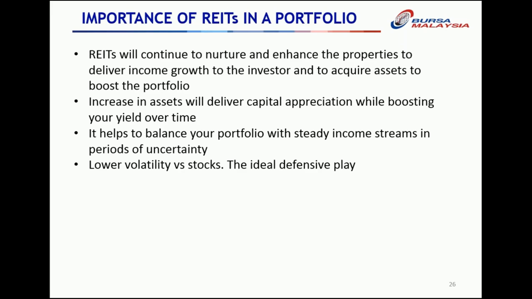So it will affect smaller nations like ours. If they all catch the flu, we not only have flu, we have high fever also. That's why in periods of uncertainty, it's best you have something you can rely on to give you a steady income stream. Why? Because if the stock market has a correction, REITs will continue to give you income, because they have to distribute 90%.